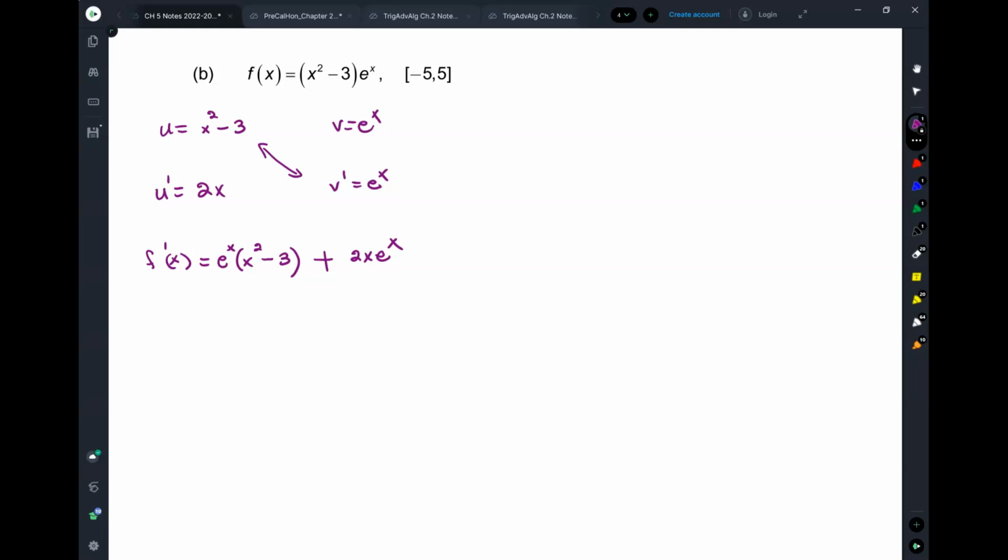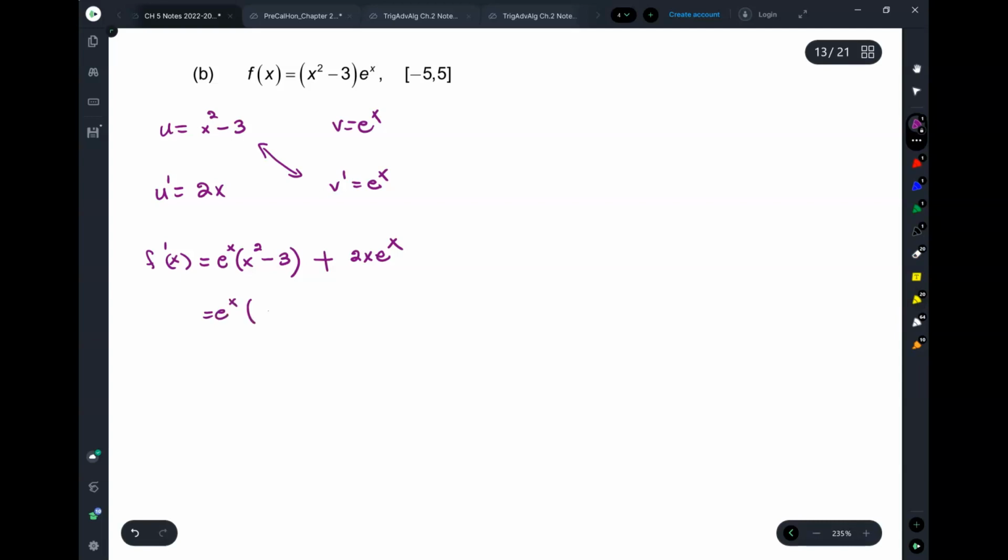Okay, so look. You see how there are two terms here? Both of these terms have a common e to the x. So what I'm going to do is factor out an e to the x.